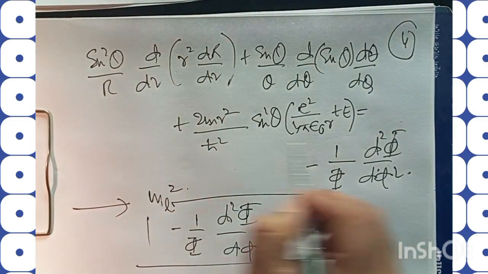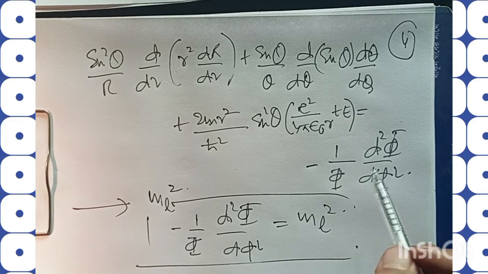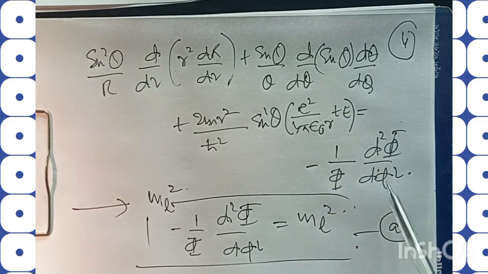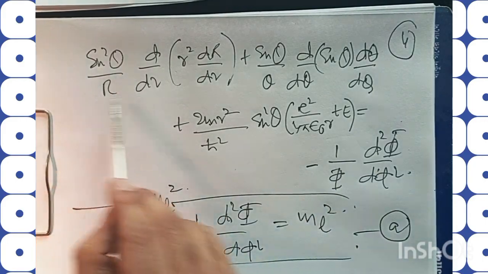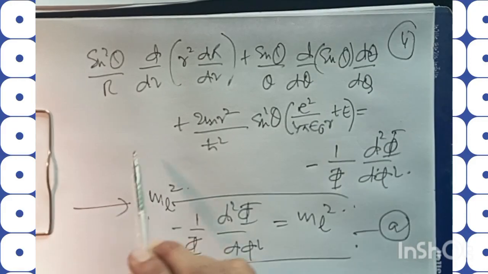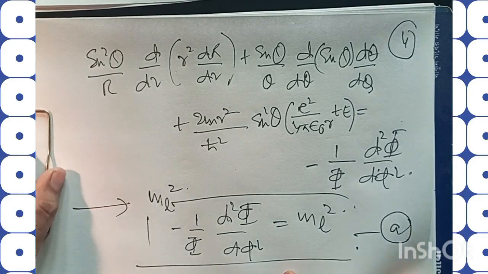And this whole thing on the left hand side should also be equal to ml square. Let me call this, for example, a for the time being. And we will write down the equation for that.